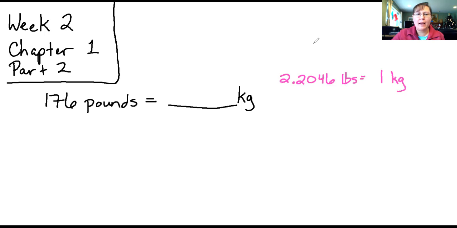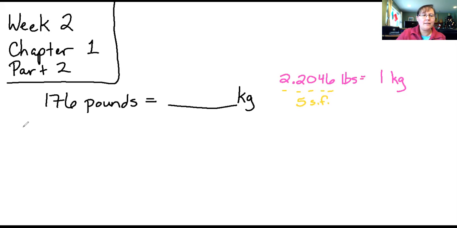Now the other thing I'm going to do before I go on is notice that there are 1, 2, 3, 4, 5 sig figs here. So that means that I can only have 5 significant figures in my final answer.